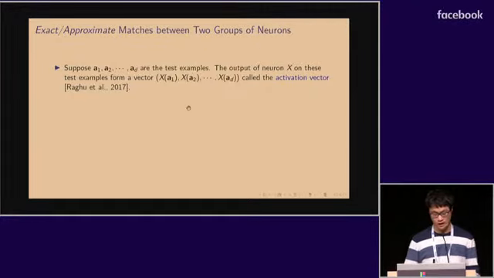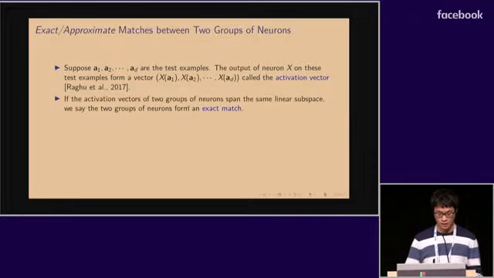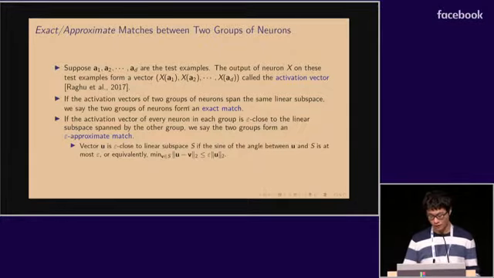Formally, suppose we have test examples a1 up to ad, and we say the output of a neuron x on these test examples form a vector called the activation vector. If the activation vectors of two groups of neurons span the same linear subspace, we say the two groups of neurons form an exact match. And if the activation vector for every neuron in each group is epsilon close to the linear subspace spanned by the other group, we say the two groups form an epsilon approximate match.